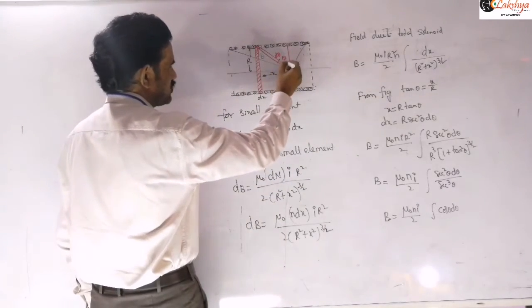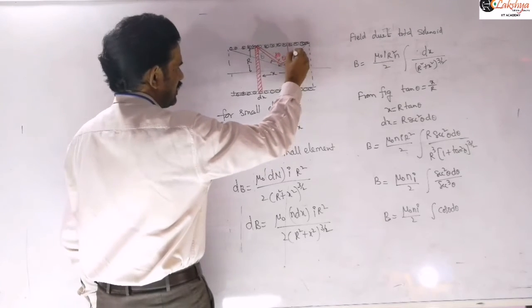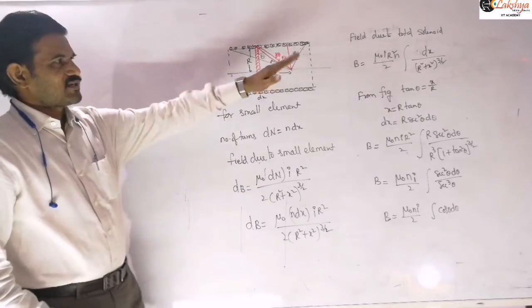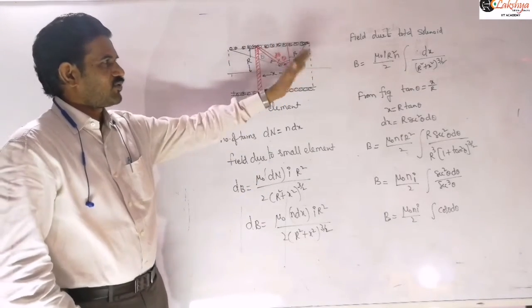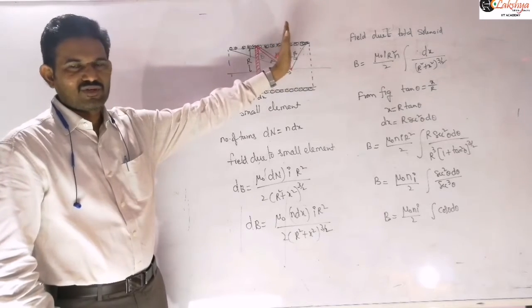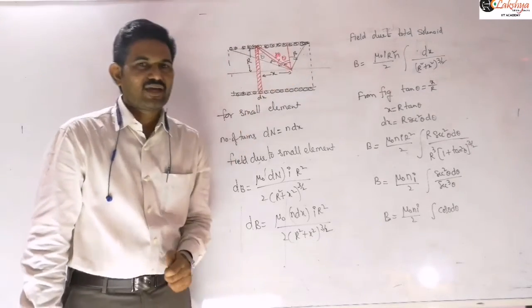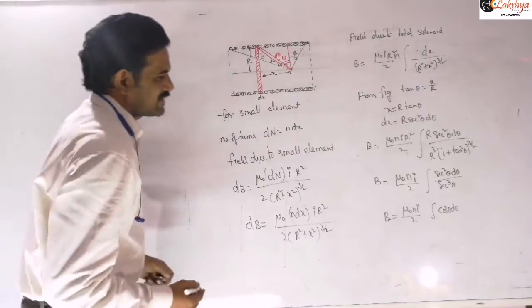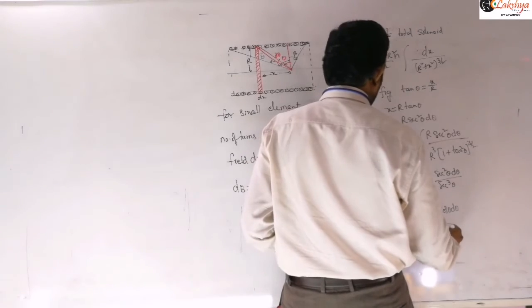Suppose this angle is alpha, and beta we define in the opposite sense. Alpha I am taking on this side, and beta on the other side of this normal, because with theta we define like that only. These are the lines drawn from this end of the wire. So you can take the limits as from minus beta to alpha.